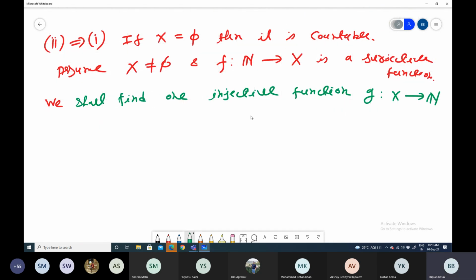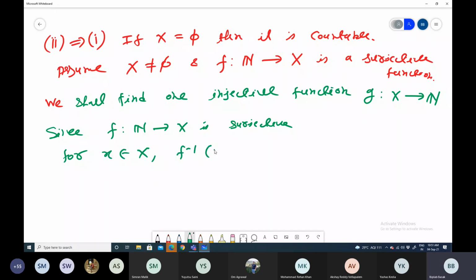That is very simple. Now since f from N to X is surjective, right? So for each x, f inverse of x, this set, is non-empty.